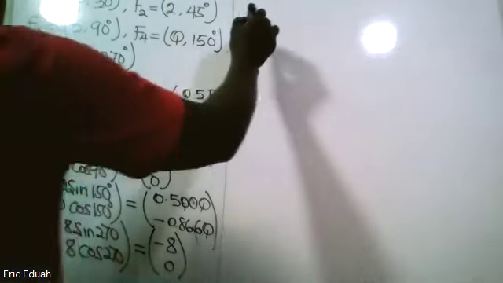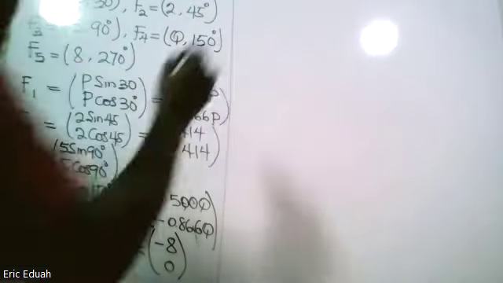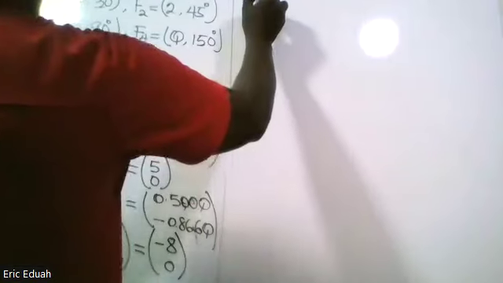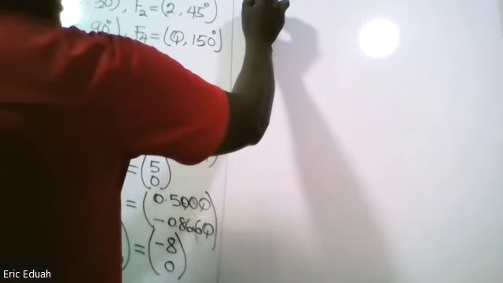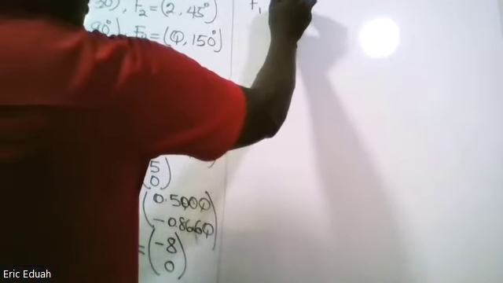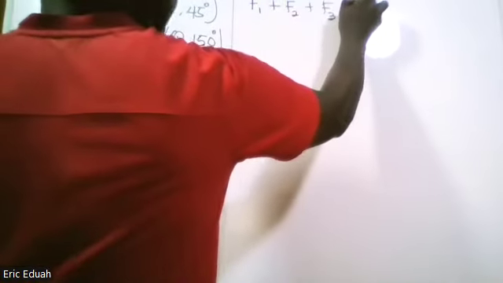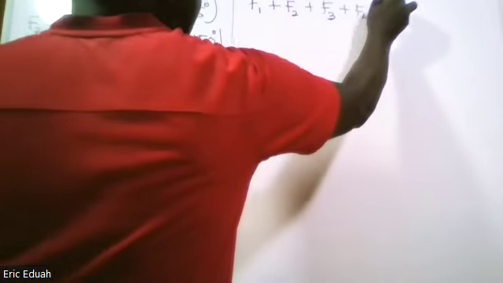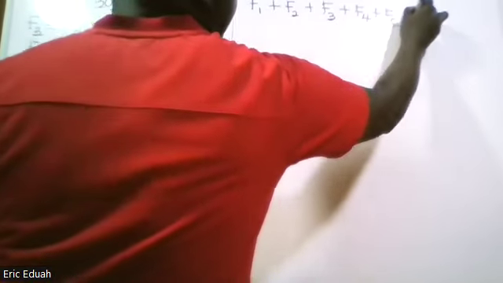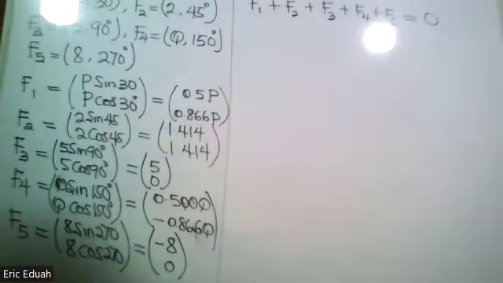Did you get this? Yes, please. Okay. So once you have this, the next step is that when forces are in equilibrium, then F1 plus F2 plus F3 plus F4 plus F5 must sum up to be 0.